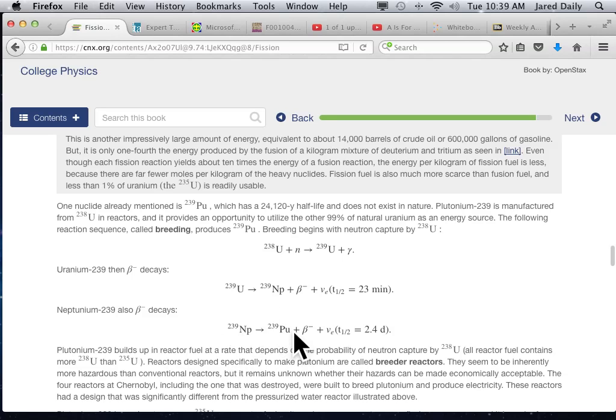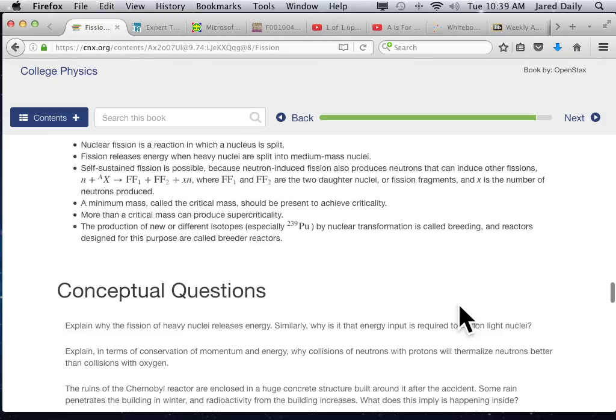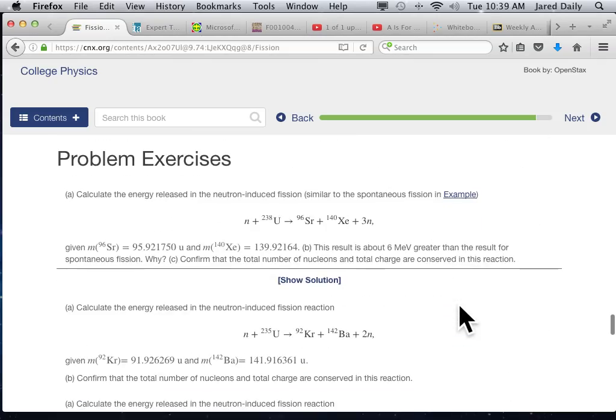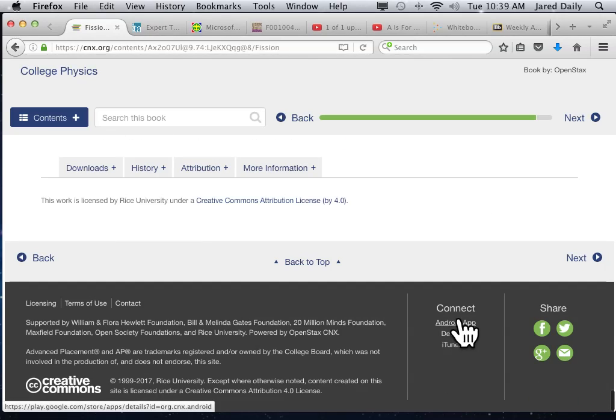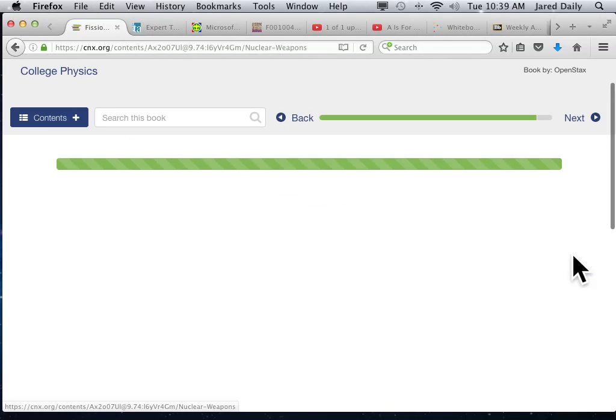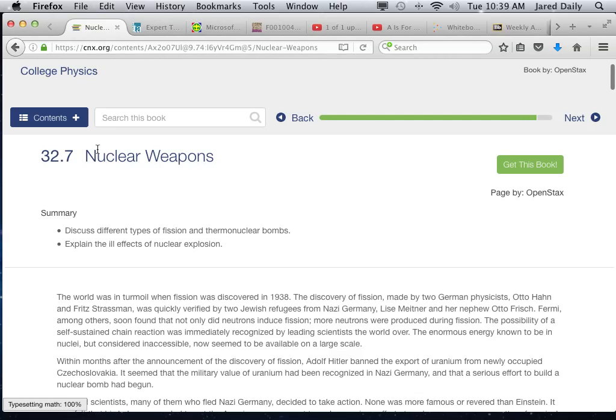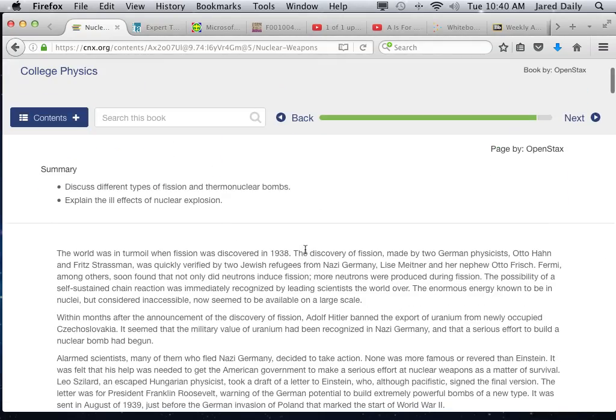It creates more neutrons when it goes through its nuclear reaction, so its chain reaction is much more efficient. That's why it makes more efficient bombs as well. Releases more energy more easily. So anyway, that's where we come to the use of this in weapons.